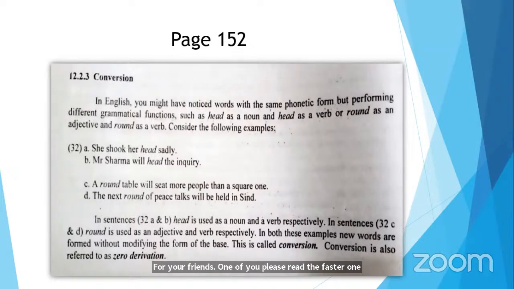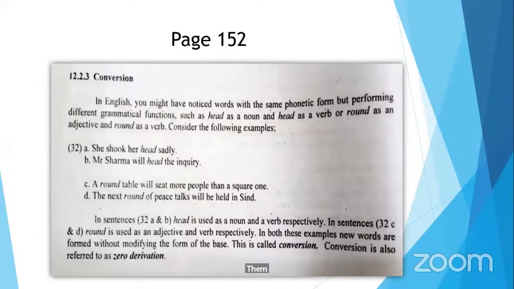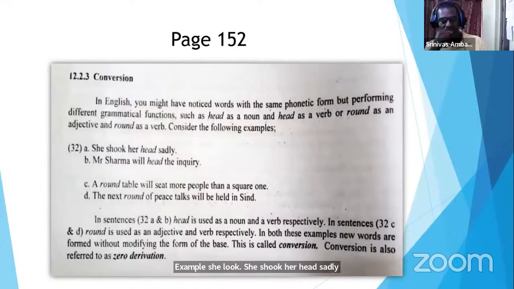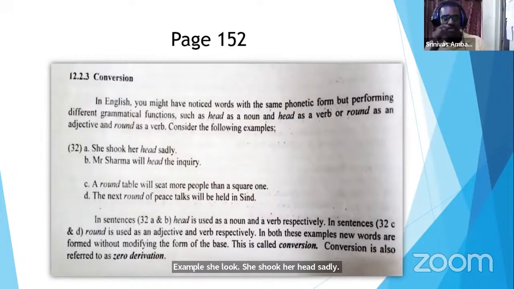In English, you might have noticed words with the same phonetic form but performing different grammatical functions, such as head as a noun and head as a verb, or round as an adjective and round as a verb. Example: she shook her head sadly. Second: Mr. Sharma will head the inquiry. Same word head has a different role.